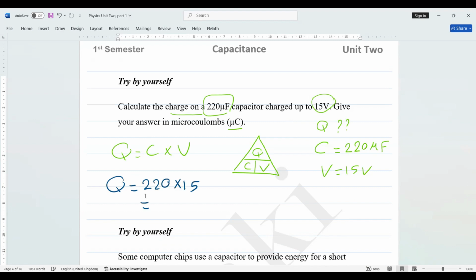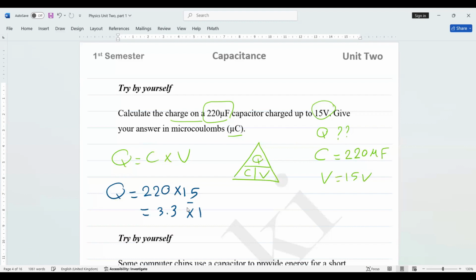We don't convert because we need the answer in microcoulomb. So 220 multiplied by 15. The answer is 3.3 multiplied by 10 to the power 3 microcoulomb.